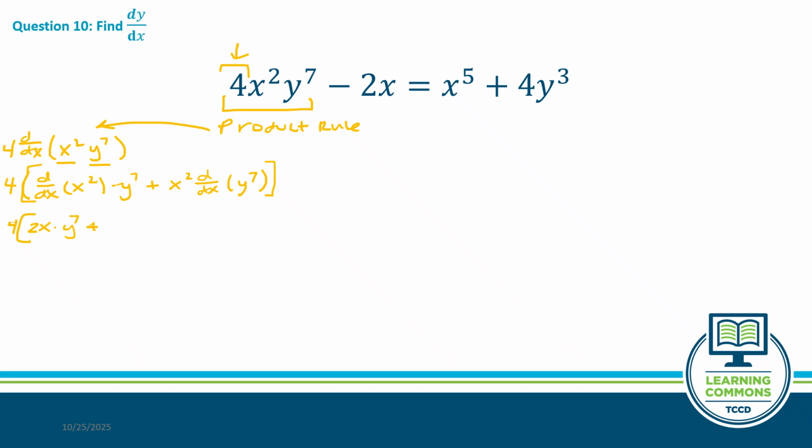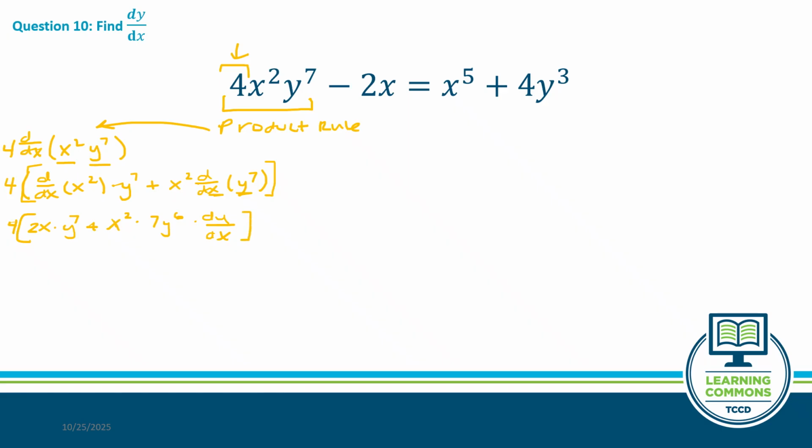Plus x squared, and then y to the 7th is going to be implicit differentiation because I'm deriving with respect to x, and this is a y. So that's still going to be 7y to the 6th times dy dx. Okay?